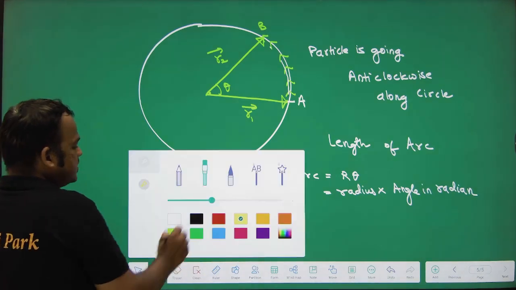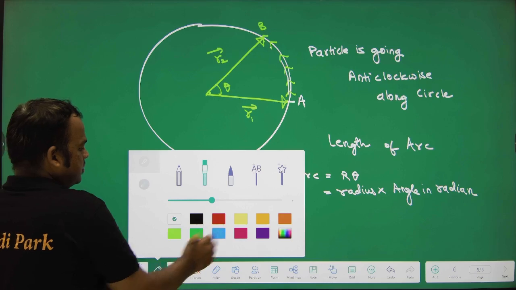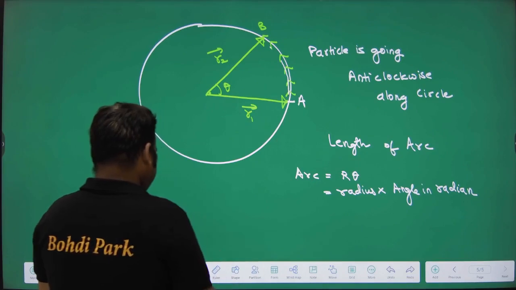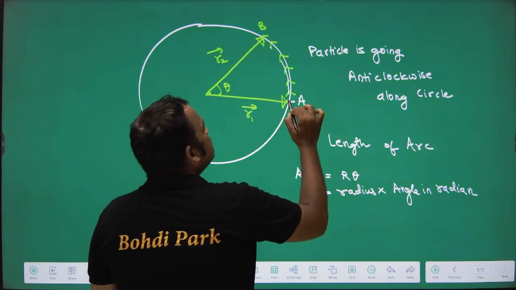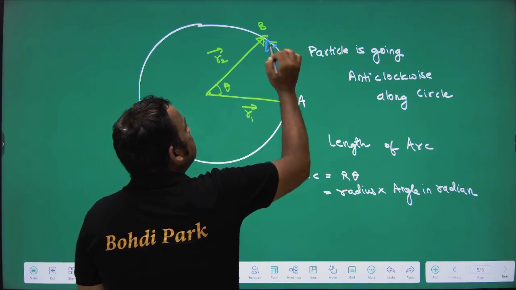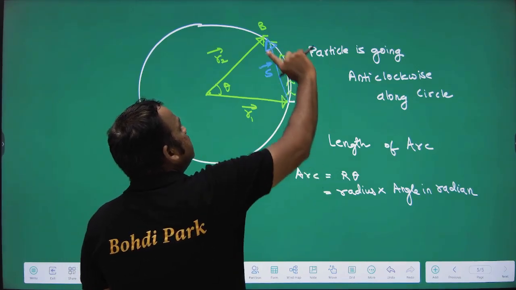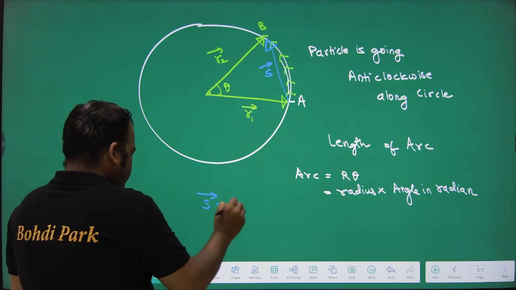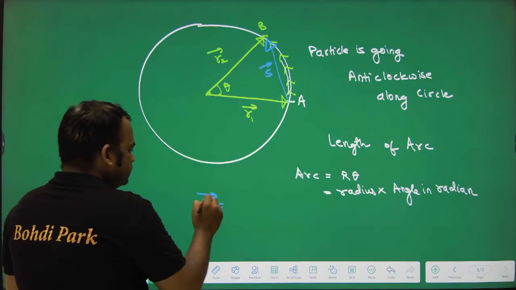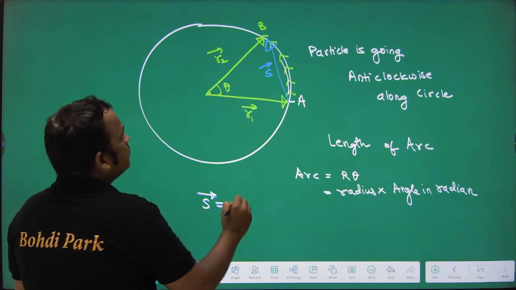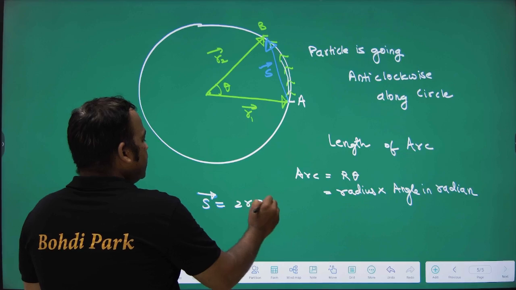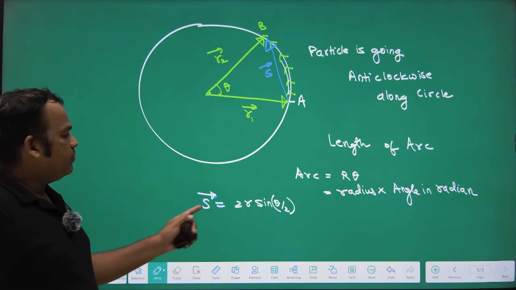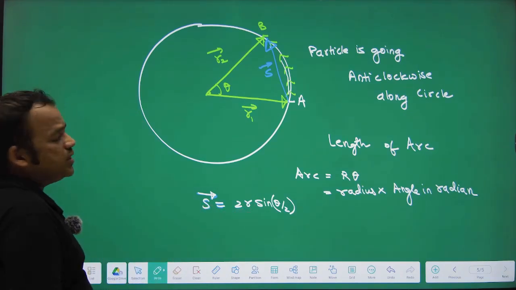But the displacement is given by a vector whose tail is at A and whose head is at B. So this is the displacement vector. The magnitude of this displacement vector is 2r sine theta by 2. The derivation of this can be done using trigonometry.